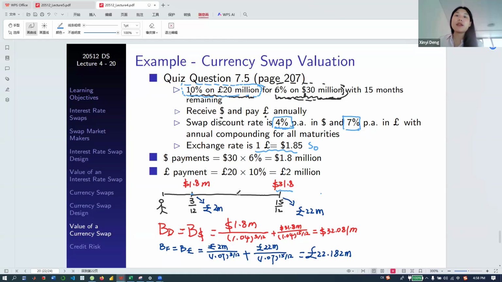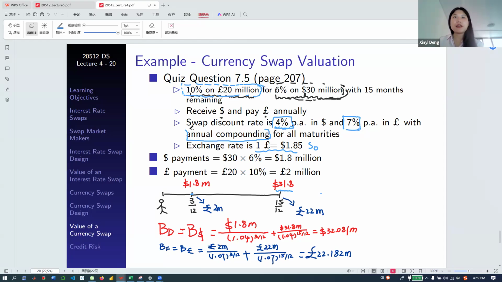Then we just do the regular discounting. You need to pay attention here, I forgot to emphasize this. For this exercise, you don't have continuous compounding as we did in the example in the interest rate swap section.